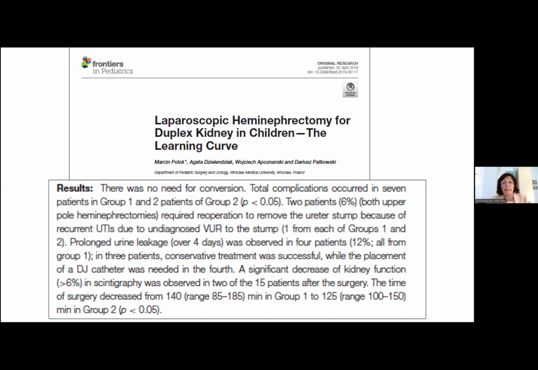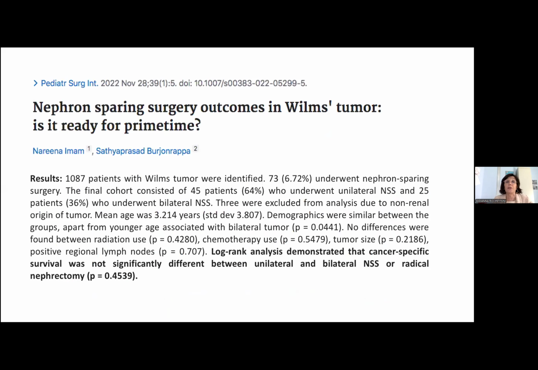So the complications are almost the same. And they had recurrent urinary tract infection in only one case. So that means that there was not a long urethral stump in this series.